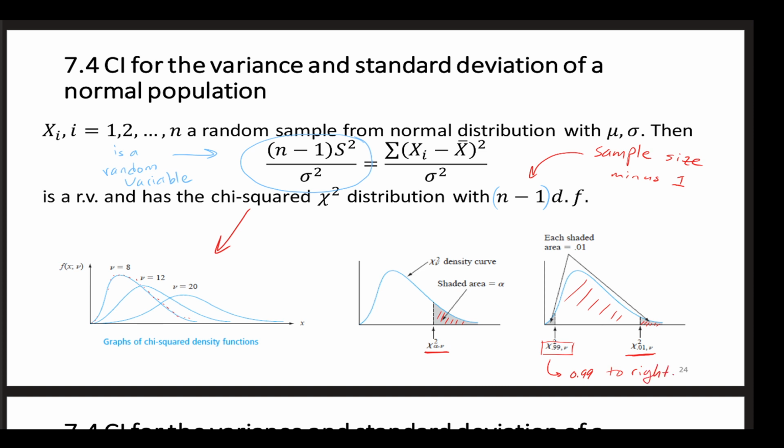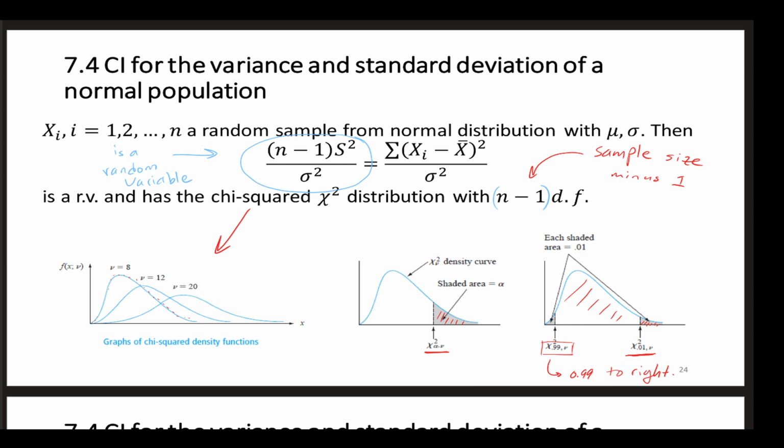Now, these two critical values are not symmetric. Like whenever we had the normal distribution, 1.96 had 0.025 probability to the right, and negative 1.96 would have 0.025 probability to the left. Well, for chi-square, it's not symmetric.